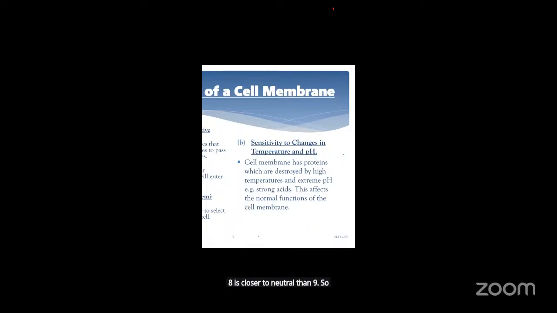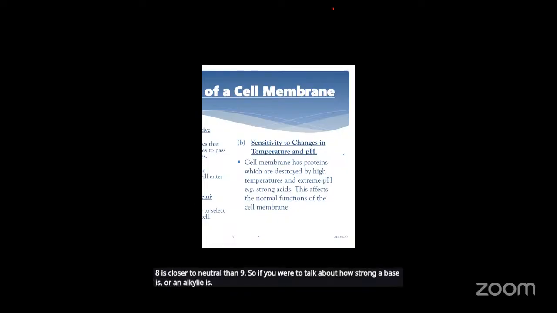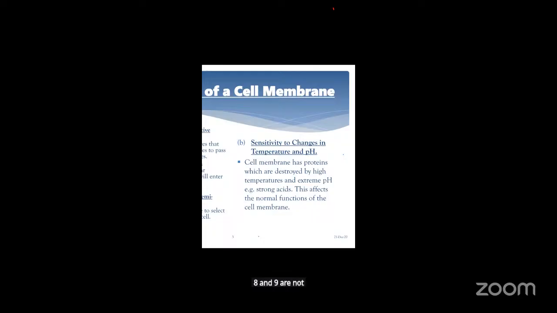So if you were to talk about how strong a base or an alkali is, 8 and 9 are not as strong as 14. Why? Because 14 is further away from 7, which is neutral. Same thing to acids. A strong acid is either 1, 2, or 3. From 4, 5, 6, because they are closer to neutral, they are less strong acids.